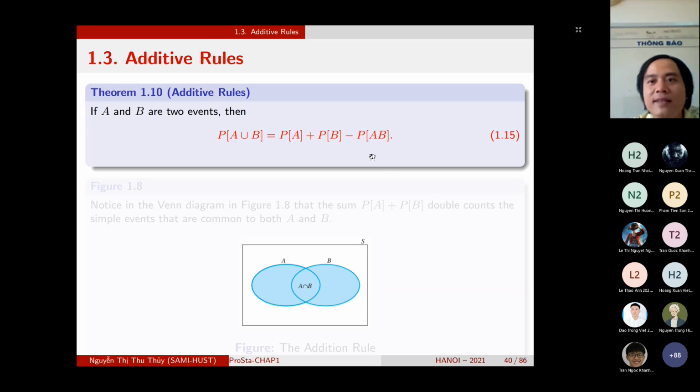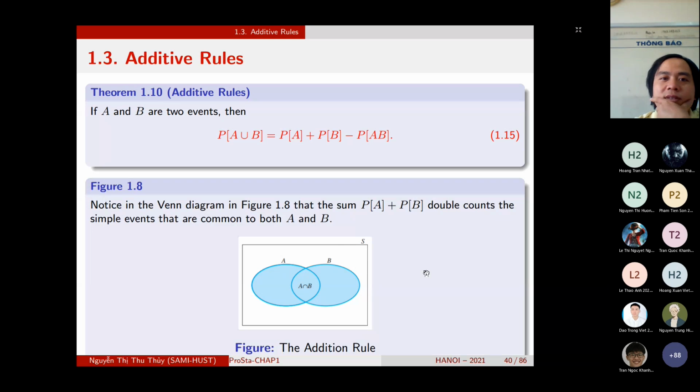So that gives us the formula 1.15, okay. So it's easy to prove the formula. You can say that the sum P(A) and P(B) double counts the simple events in the common part between A and B, okay.